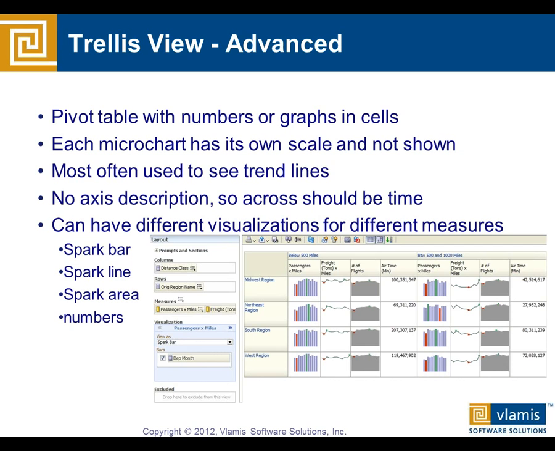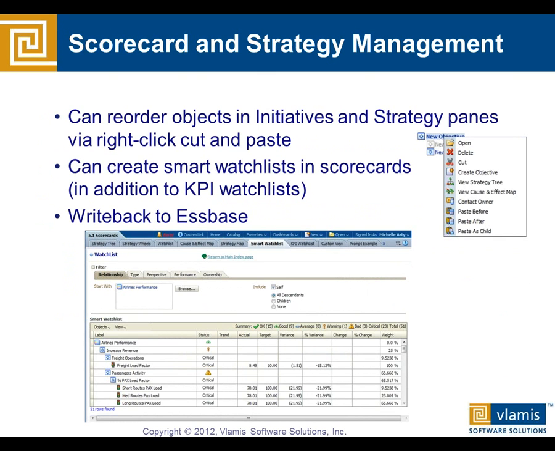In the area of scorecard and strategy management, one of the things that we've run into is needing to reorder objects in the initiatives and strategy pane. So you can right-click, cut, and paste. This is what that looks like. You right-click and you can take an objective and move it, cut it and paste before, after, that type of thing, so you can now better reorder these.